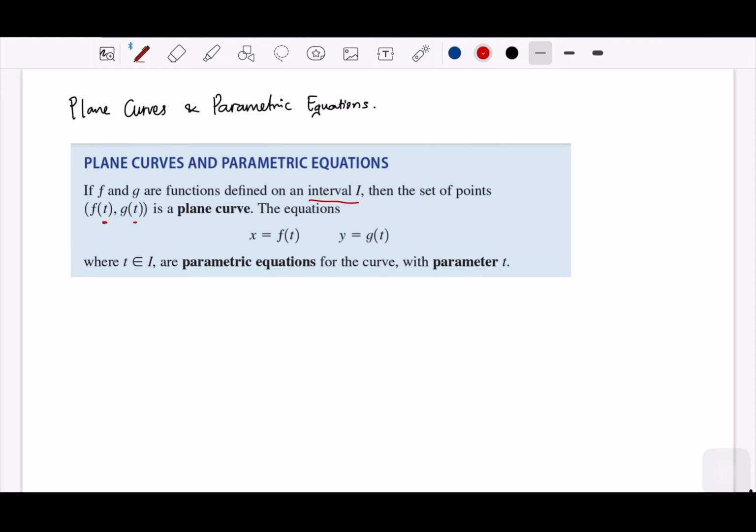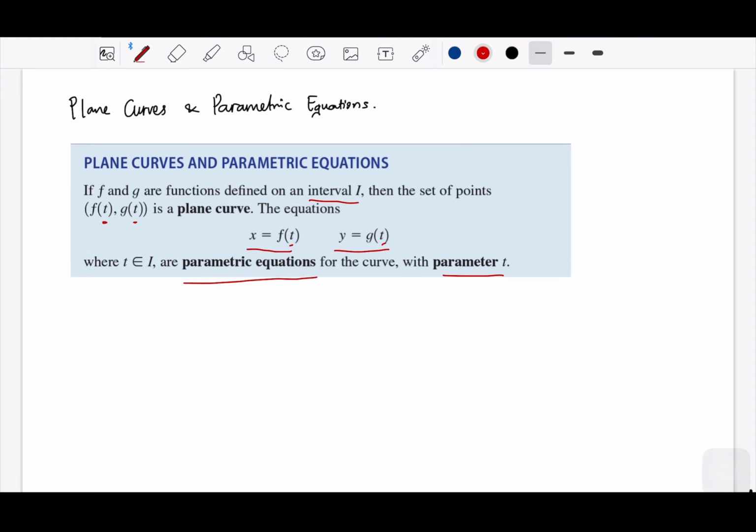Then we can write that x is f of t and y is g of t. We call t the parameter, and x equal f of t and y equal g of t are our parametric equations.